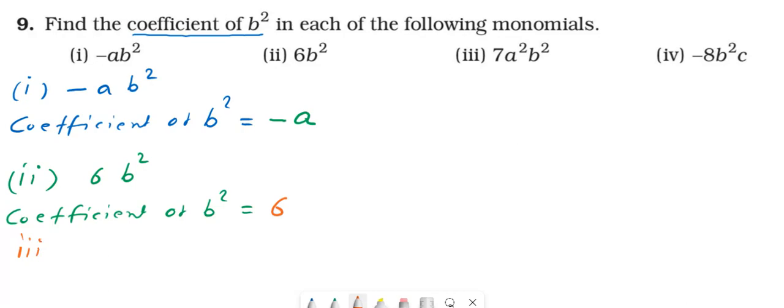What is third part? 7a square b square. So beta, coefficient of b square is equal to, beta, what is coefficient? Coefficient means everything other than b square here. So it would be 7a square.